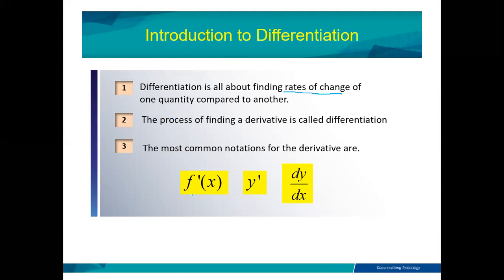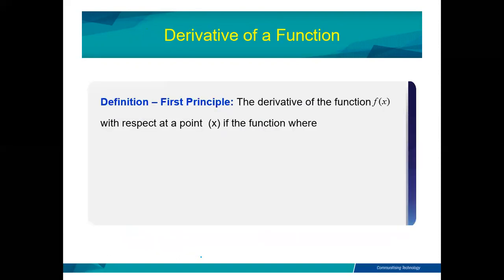So f prime x, this one is usually used when we are given f of x. And y prime, or dy over dx. So for example, for your understanding, if you have f of x, then to find the differentiation it will be f prime x. If you have y, then it will be y prime or dy over dx.